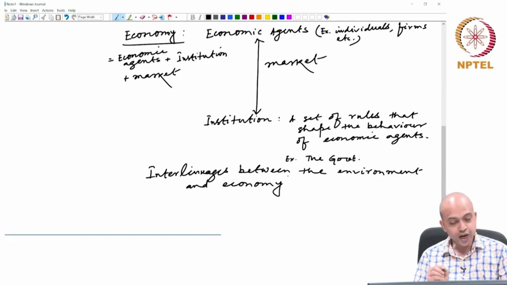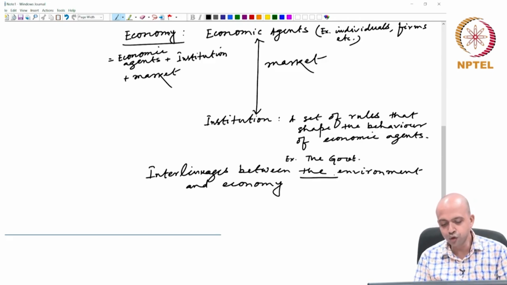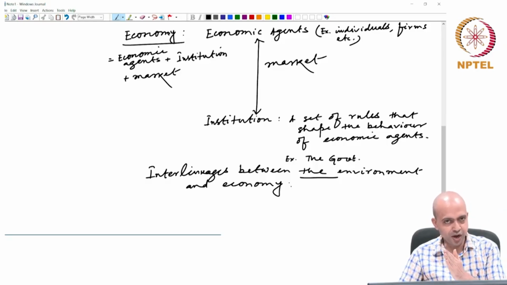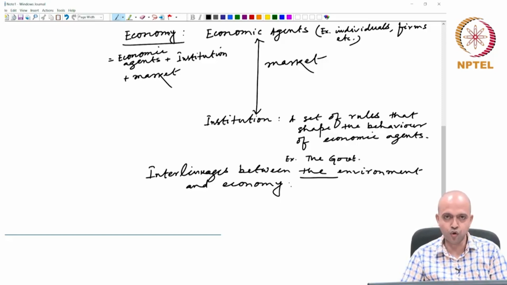Okay. Now, look here, I am saying the environment, but I am not using any 'the' before economy. Why? Because there is only one environment that all of us are facing, but there might be many economies in this world. It might be Indian economy, Chinese economy, Bangladeshi economy, US, UK or Singaporean economy.